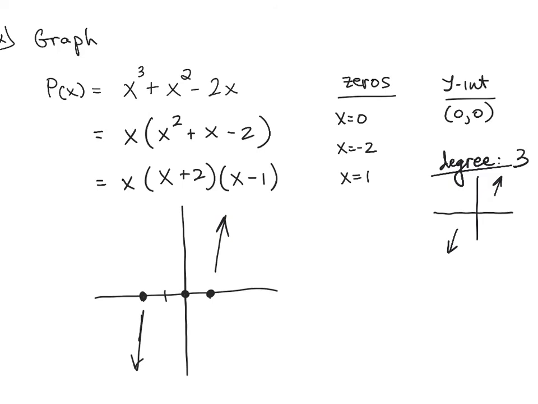So connecting the left side to the right side, I know I'm going to cross through. And then because there's a gap between the zeros, I need to plug in that whole number. You only have to plug in if it's a whole number. So if you plug in a -1, you're going to get -1 times, and then -1 plus 2 is 1, and then -1 minus 1 is -2. So -1 times 1 times -2 is +2.